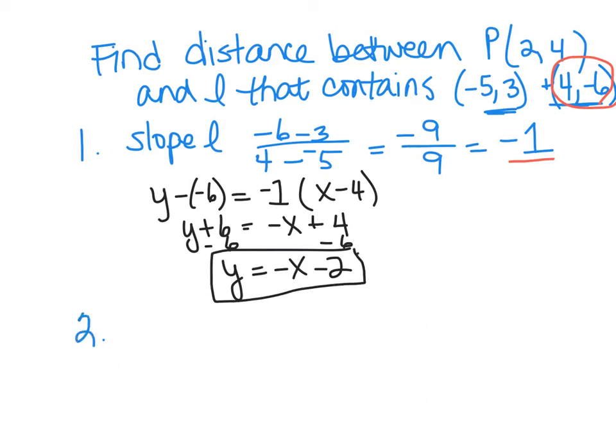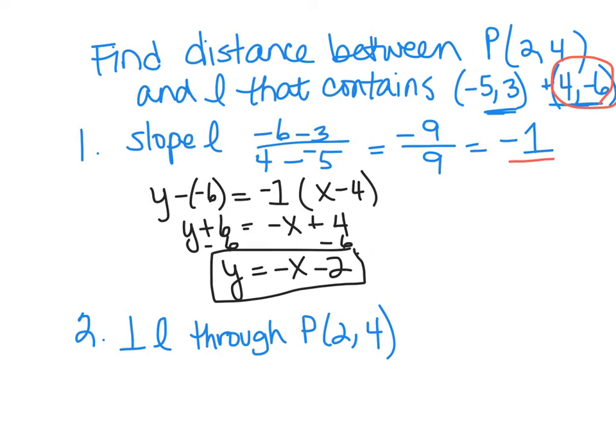So now we need the perpendicular line to L that goes through point P at (2, 4). Okay, so our perpendicular slope is going to be the opposite reciprocal of -1.